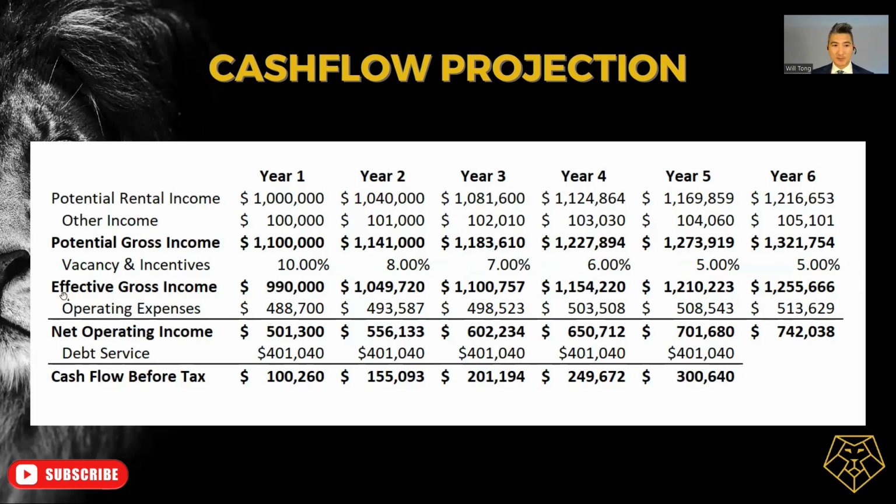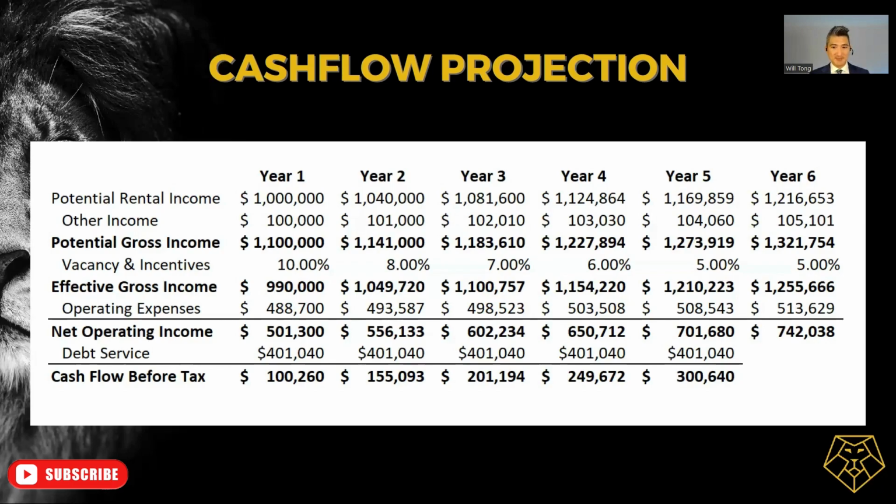And then the next thing I need to take out is my operating expenses. Assuming this is a gross rental structure where I'm paying the outgoings, I need to factor in what the expenses are. I also need to factor in what might be reasonable increases in outgoings.